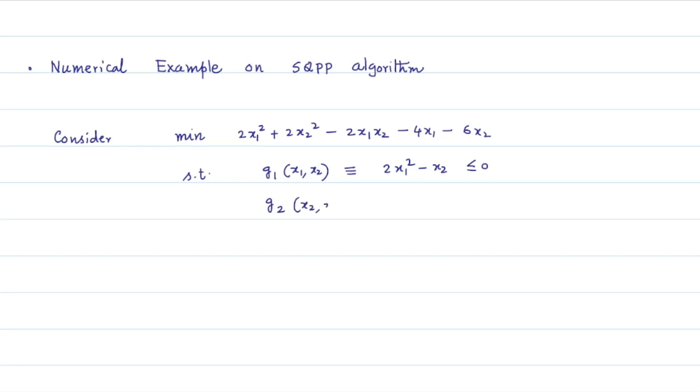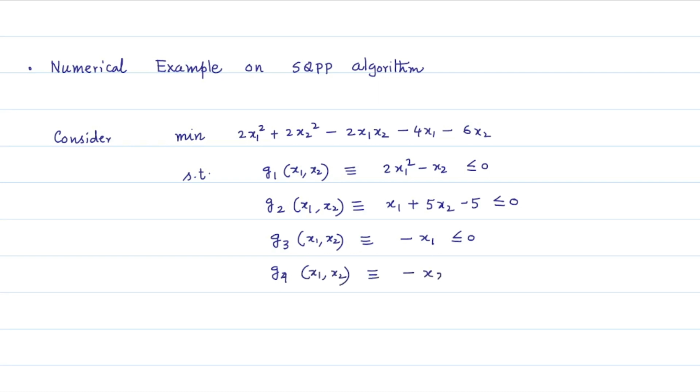The second inequality constraint is given by x1 plus 5x2 minus 5 less than equal to 0. The other inequality constraints are minus x1 less than equal to 0, and the last one is this.